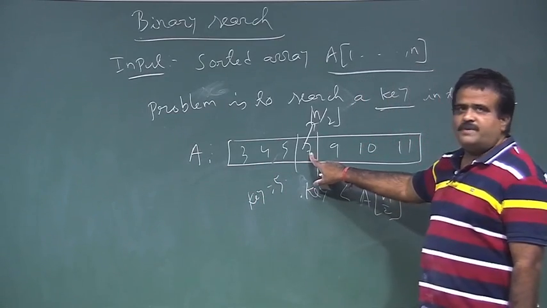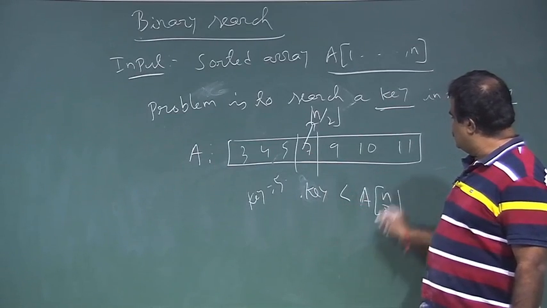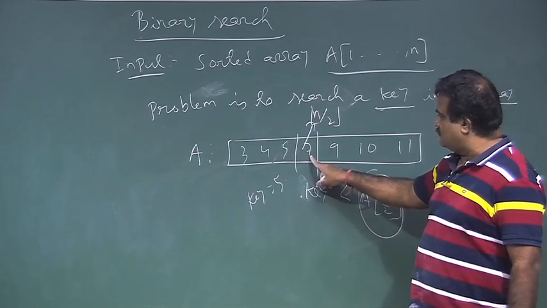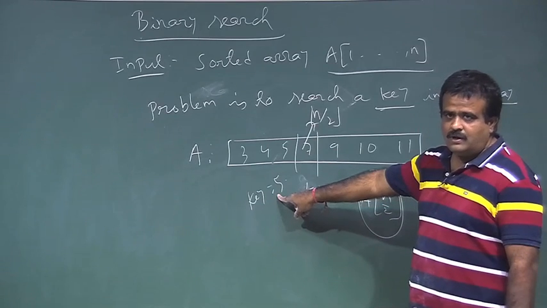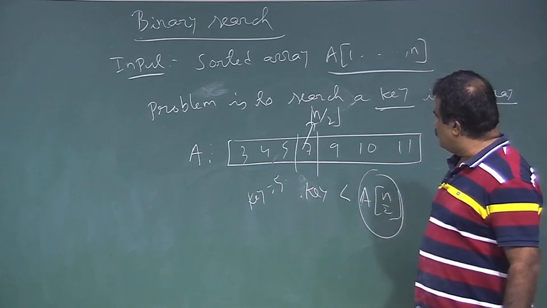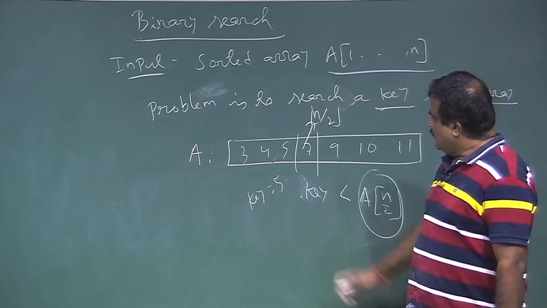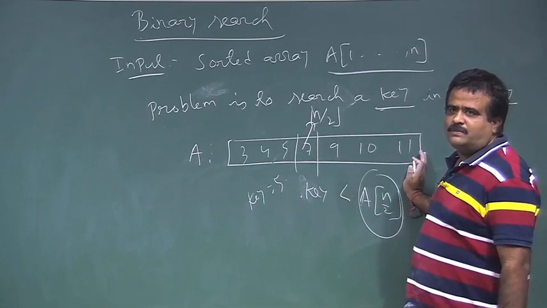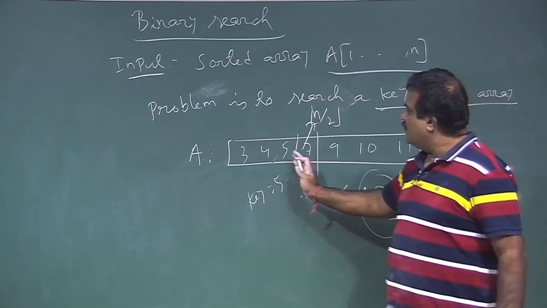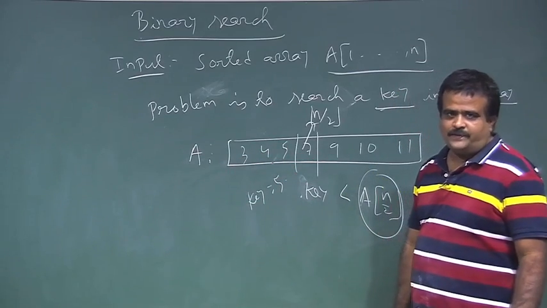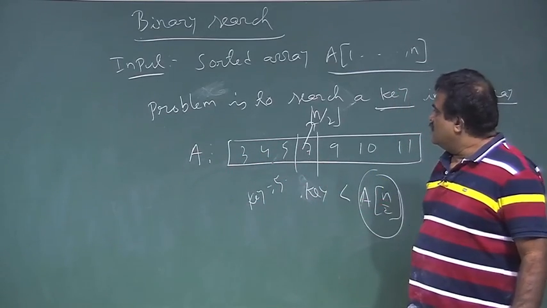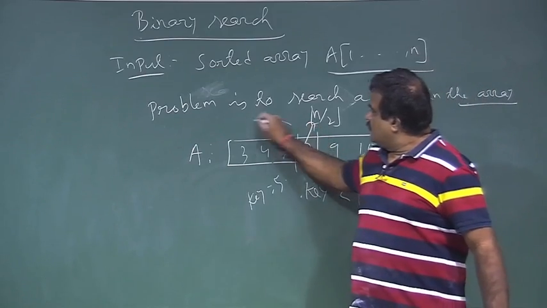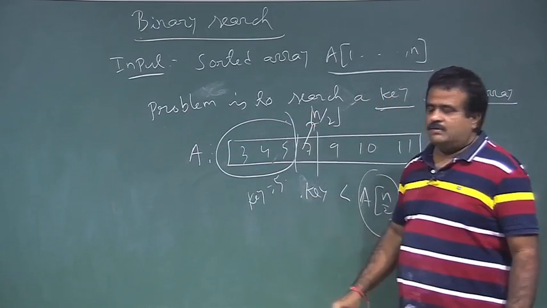So, we check with the middle one, which is 7. So, 7 is not 5. Then what do we do? We know this is sorted, so 5 cannot be in the right part of the array. So, 5 has to be in the left part of the array, if at all it is there. So, then we must look at the left sub array with the same key.